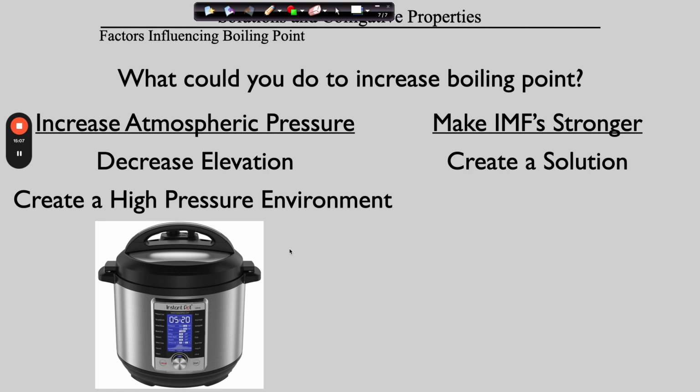And guys, as a matter of fact, anything that you can get to dissolve in water will make the boiling point go up. So add that to your notes, that the other way to make the boiling point go up is by creating stronger intermolecular forces, and you do that by creating a solution.